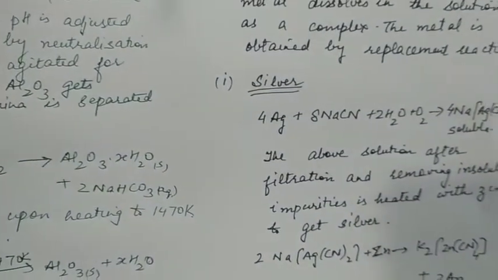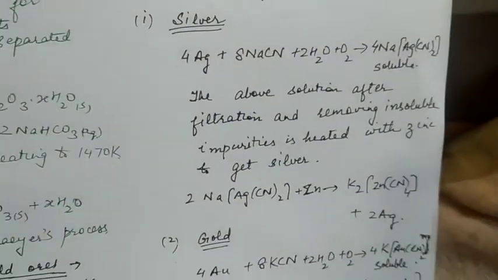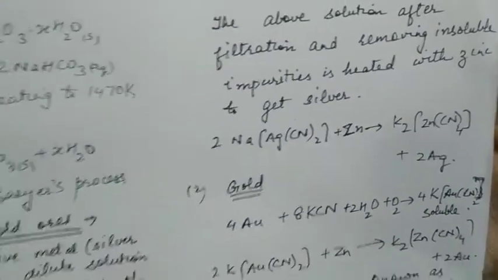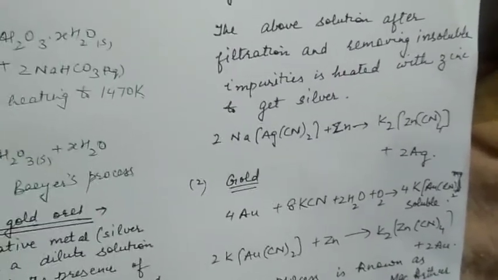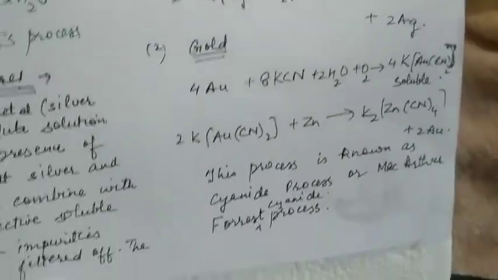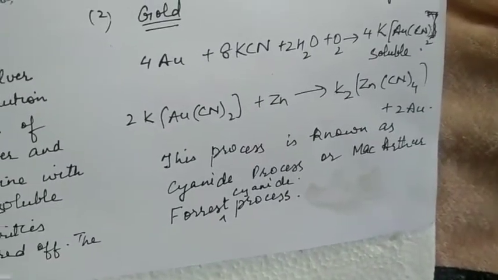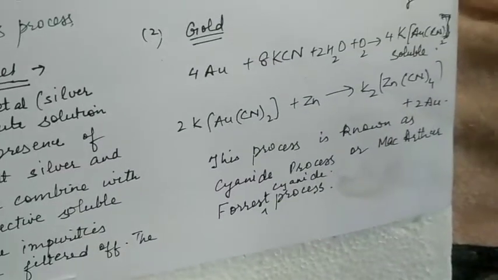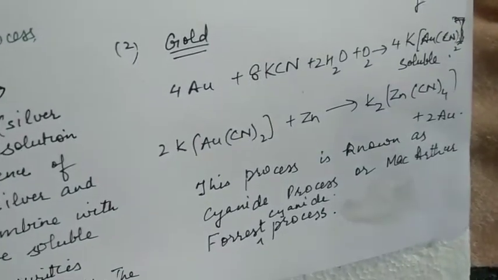Filter this to remove the impurities, and then we treat it with zinc. So zinc replaces silver and the silver is taken out. So this process is called cyanide process or MacArthur-Forrest cyanide process. In the same manner, gold can also be purified.